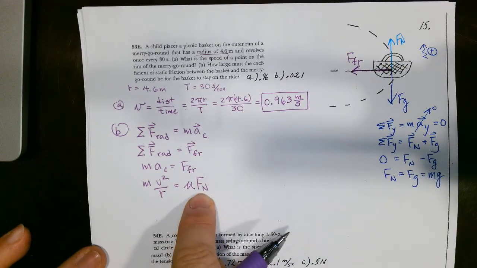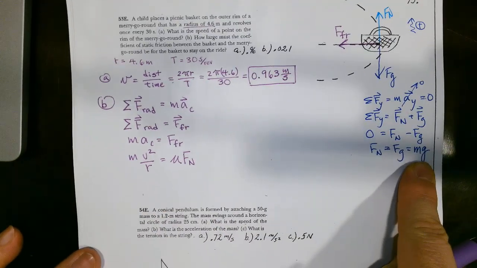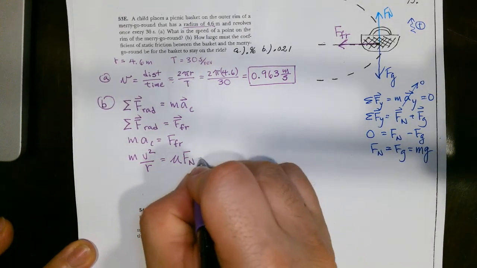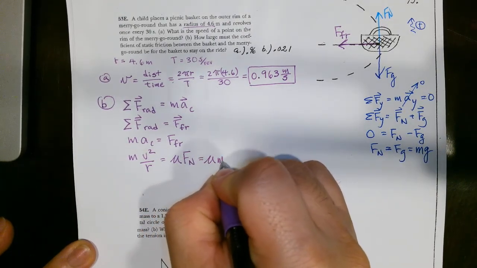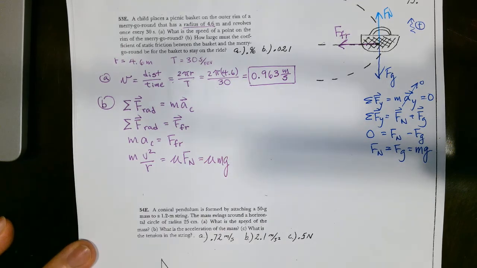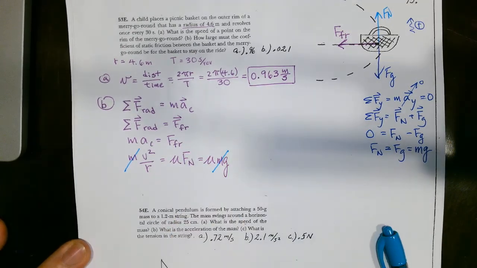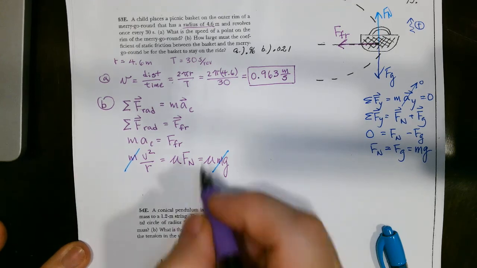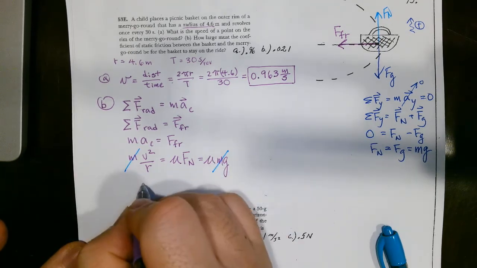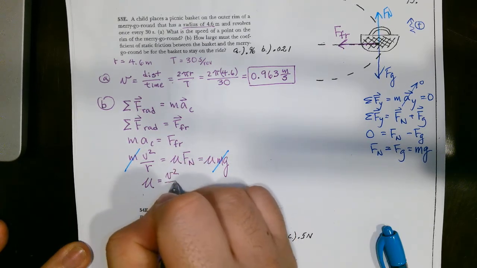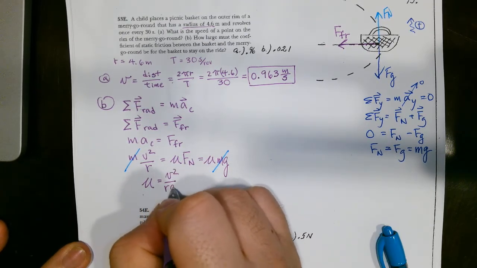Well, we know what F normal is. Our F normal is mg. Therefore, it's mu times mg. So notice how the mass of the picnic basket will cancel out. And if we solve for mu, then mu is equal to v squared over r g.